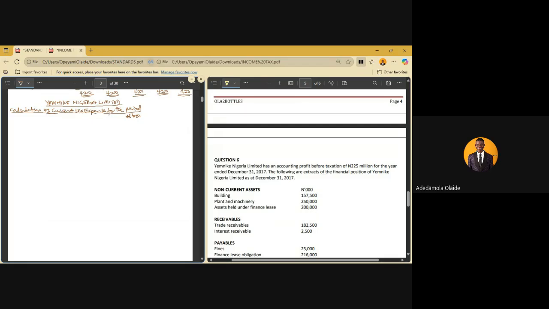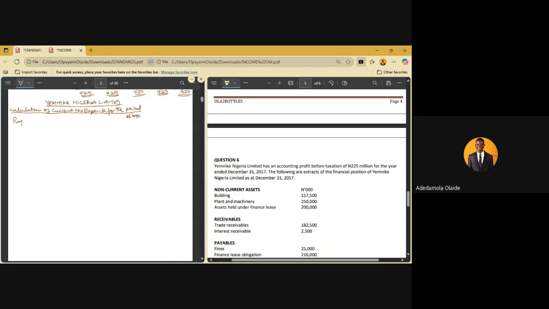We calculate the taxable profit and we'll be able to... First thing first, profit before tax.